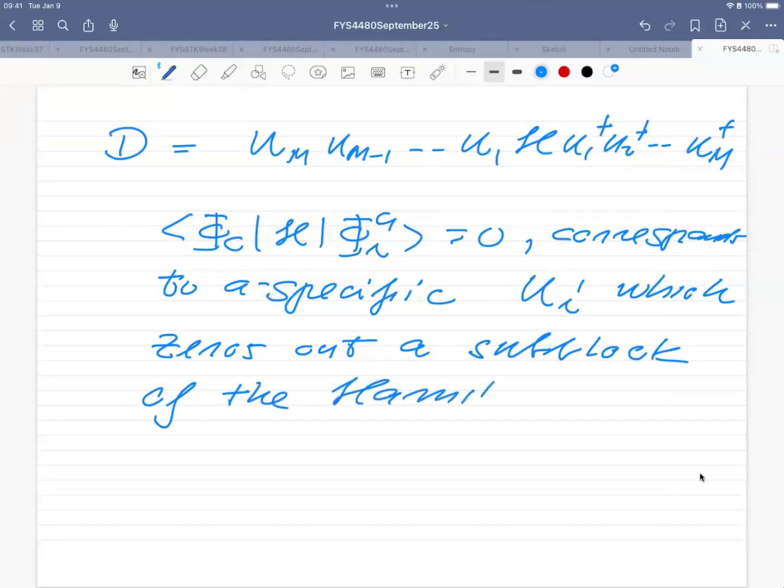And hopefully that gives a faster convergence when you're using a diagonalization algorithm.